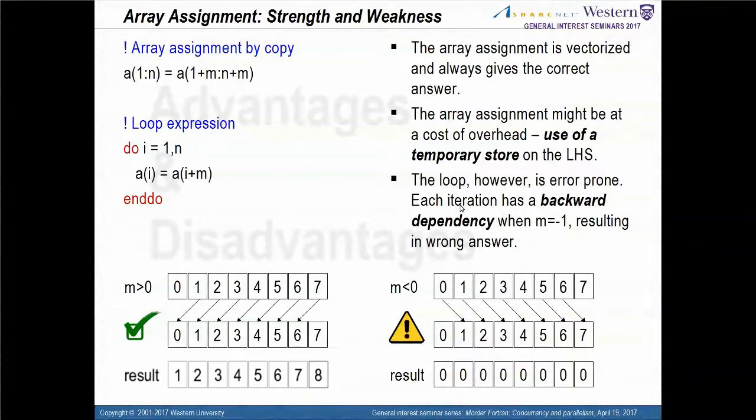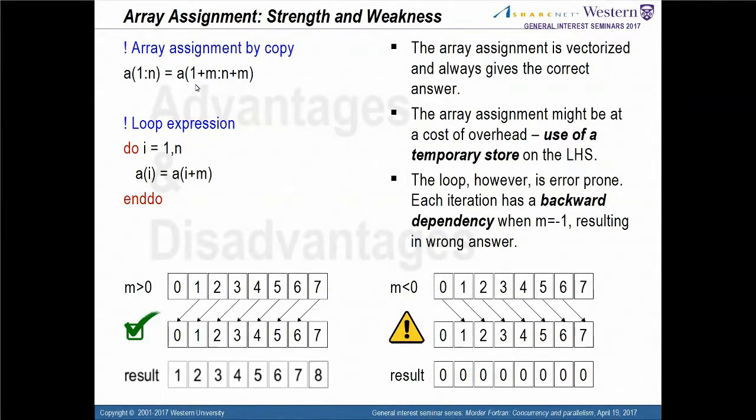Now there is a difference between these two forms, although they are equivalent. In the first form, the array assignment is vectorized and always gives the correct answer no matter what, whether m is greater than 0 or less than 0. The second point is that the array assignment here might come at the cost of an overhead.